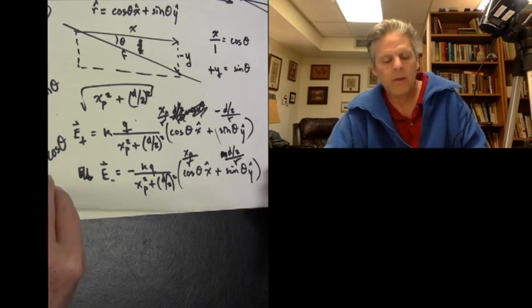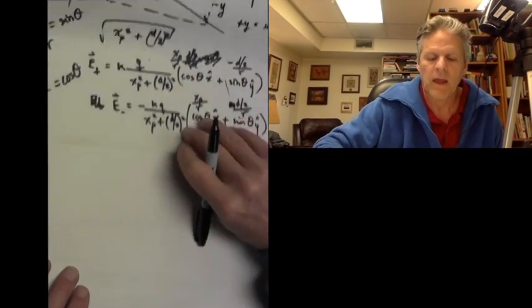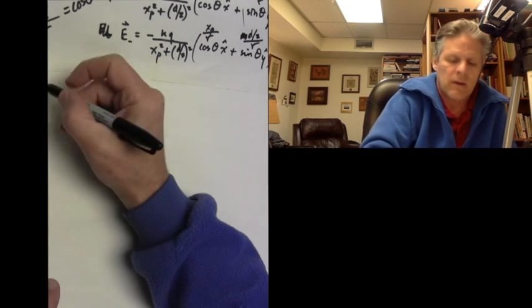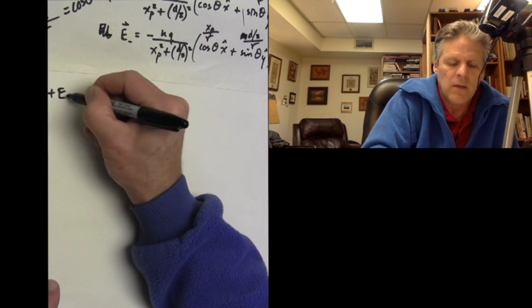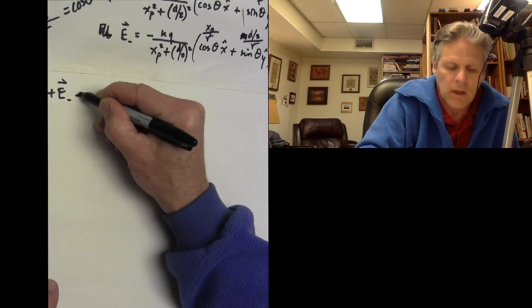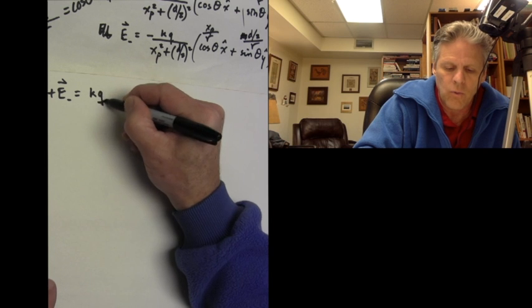Okay. All right. So now all we're going to do is add those up. So what do we have? We have E plus E minus equals KQ.